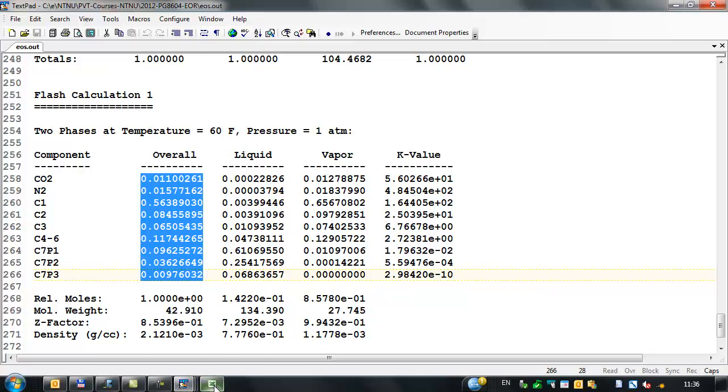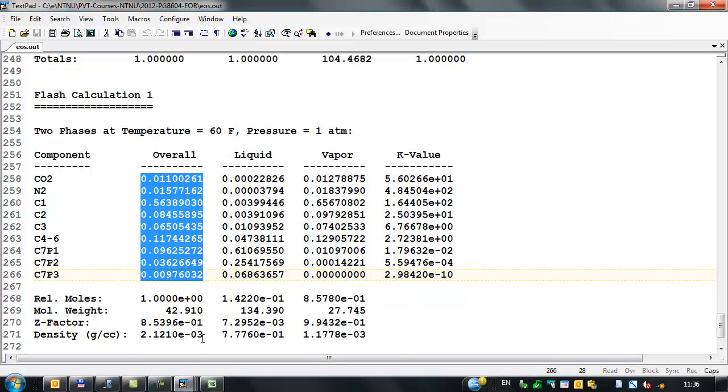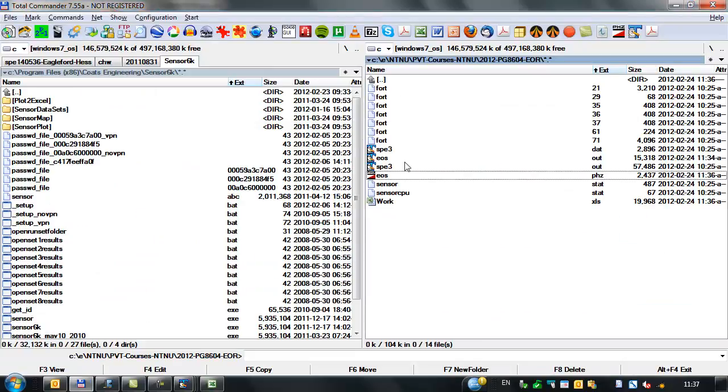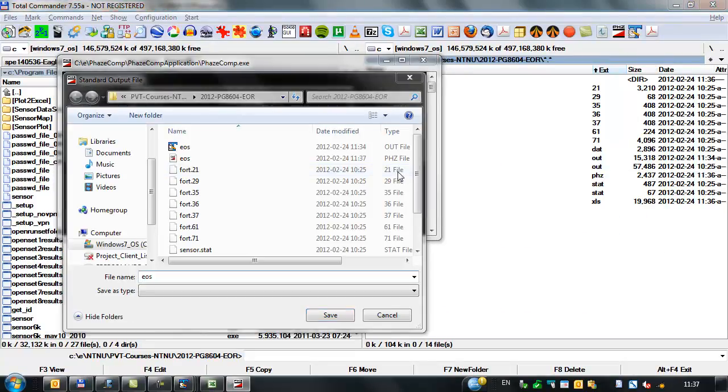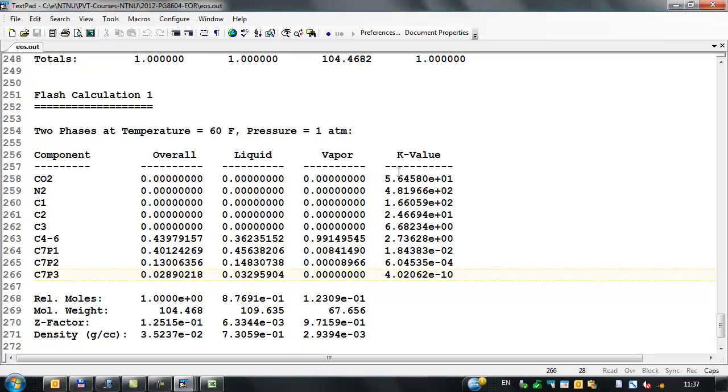So we have to change this here to feed, like that. There we go.